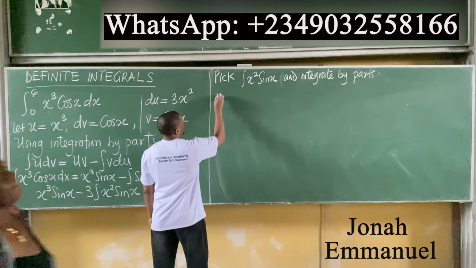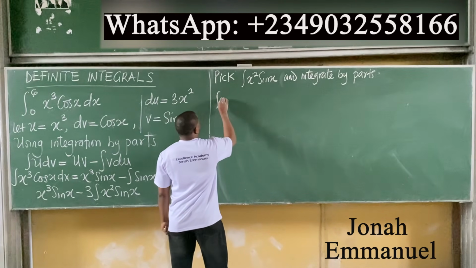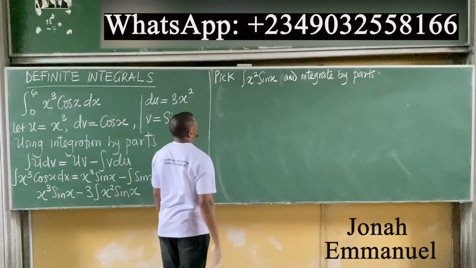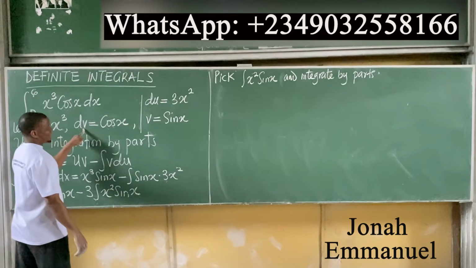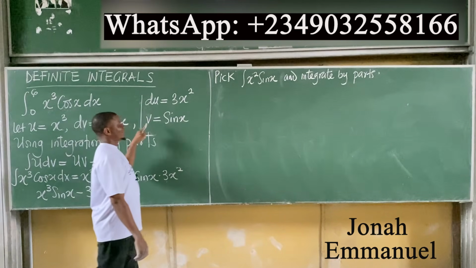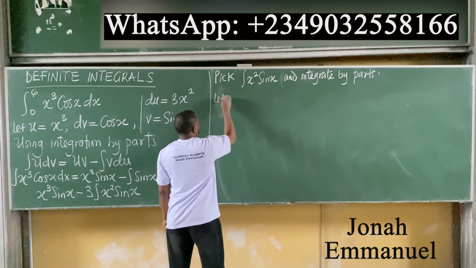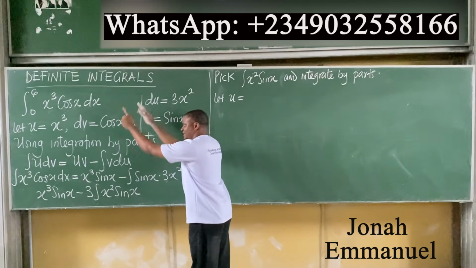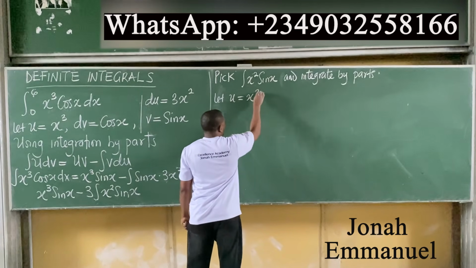For by parts, we need u, dv, du, and v. Let u in this case be what there? x squared.